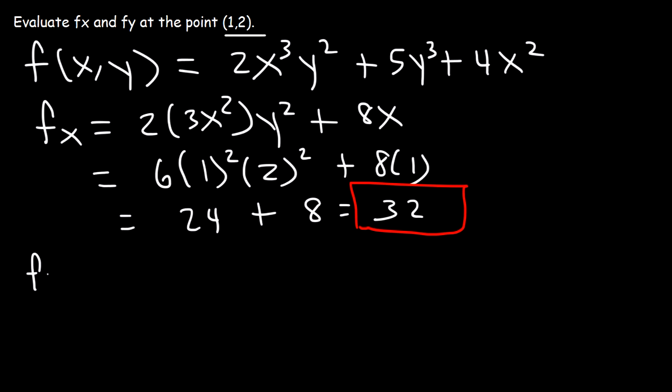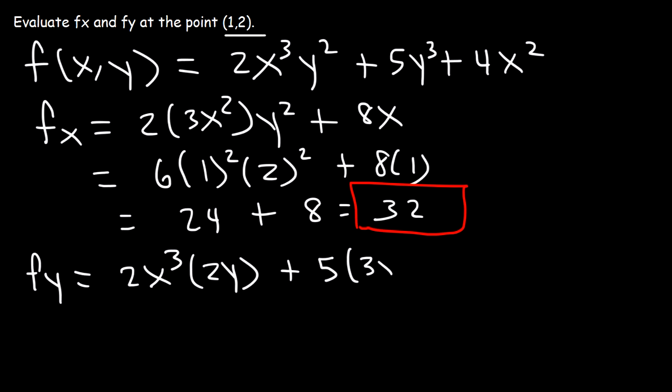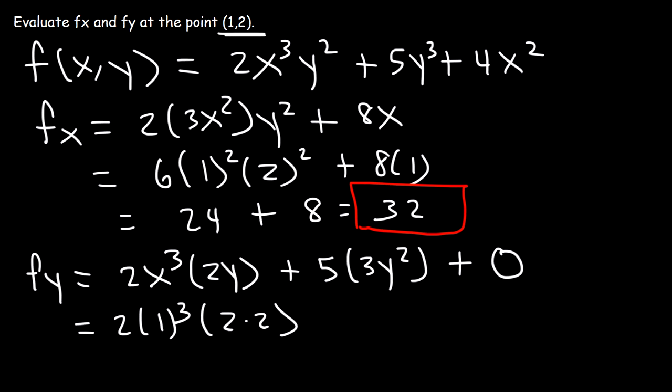Now let's do the same for fy. So first we've got to find it. Let's treat x as a constant. The derivative of y squared is 2y, and the derivative of y cubed is 3y squared. And 4x squared is a constant, so that becomes 0. Now let's plug in the point (1, 2). 5 times 3 is 15.